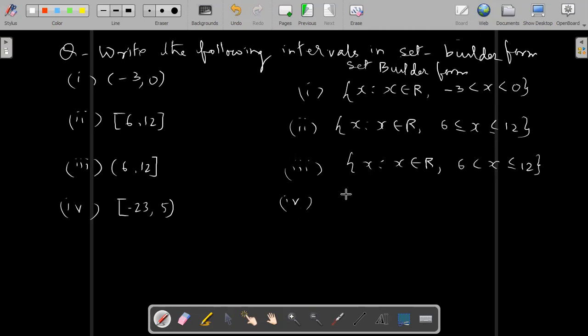Similarly, left side included, which is the set of all x such that x belongs to real numbers and x is greater than equal to minus 23 and less than 5. So that is the way of writing. Now you understood the conversion of set builder form into interval and interval into set builder form.